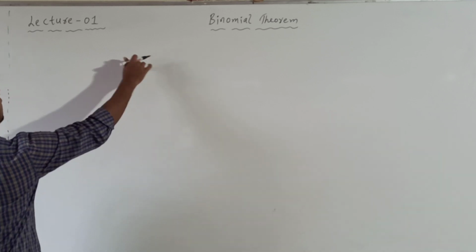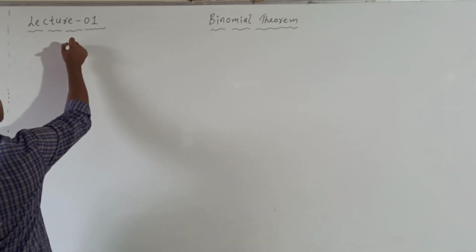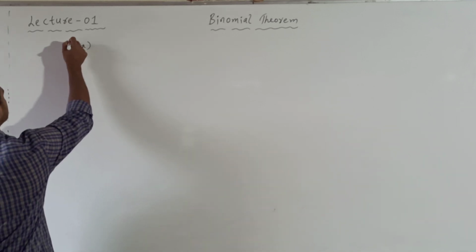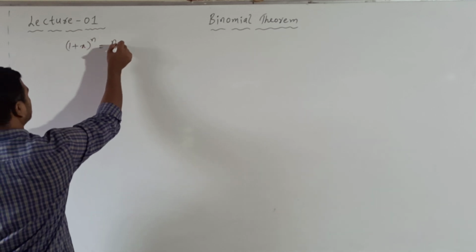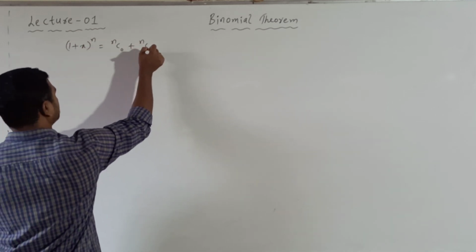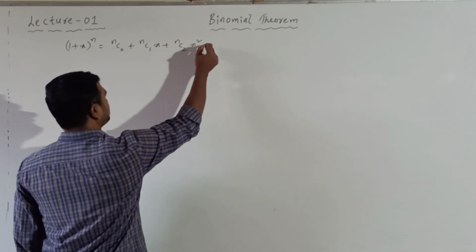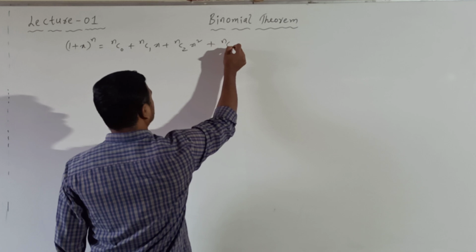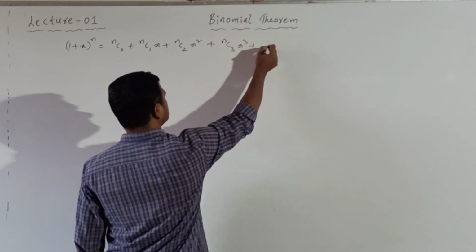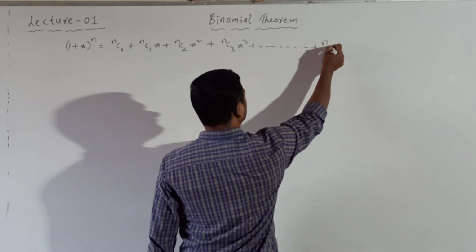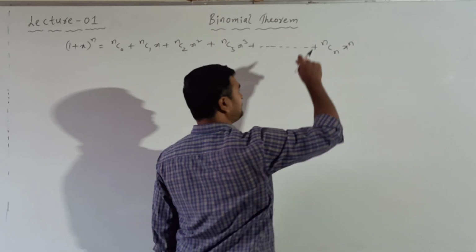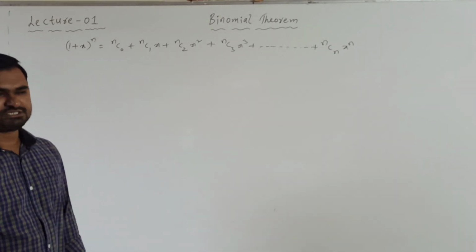So we have expansion for 1 plus x whole power n like this: nC0, nC1 into x, nC2 x square, nC3 x cube and so on, nCn x power n. This is the expansion.